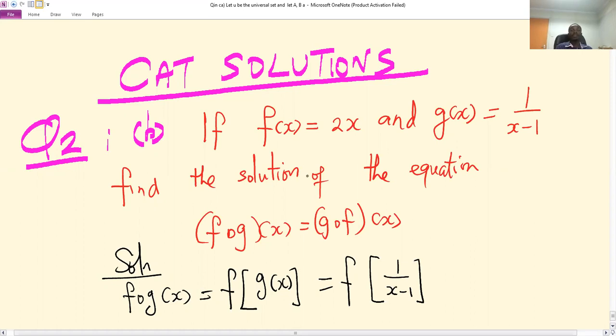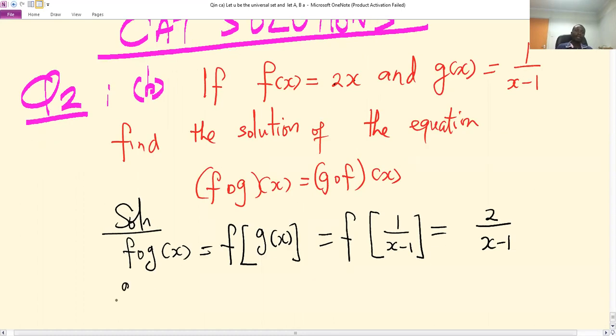Ask yourself, what does f do to any x is given? You give f an x, it multiplies that x by 2. So you give it this input, it will do the same job and multiply the input by 2. So this is the same as 2x minus 1.